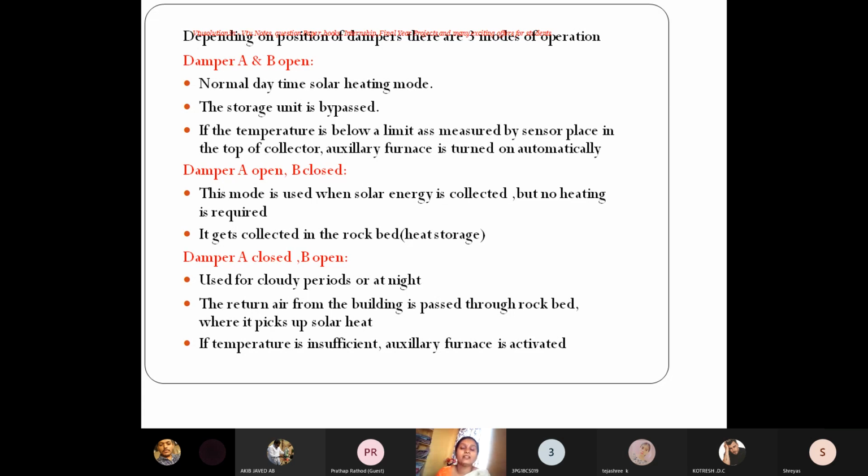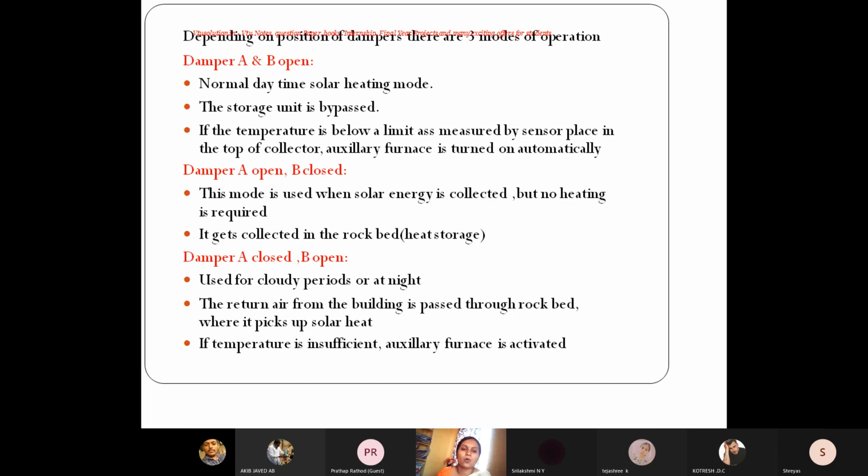During this mode, if the temperature measured by the sensor placed at the top of the collector is below the particular limit, the auxiliary furnace is turned on automatically.